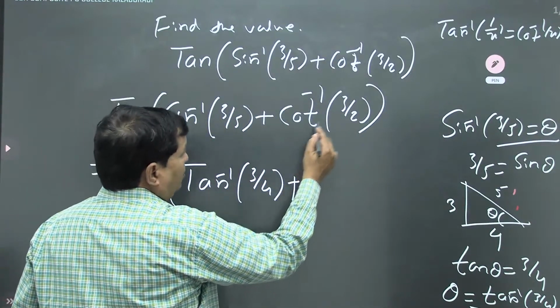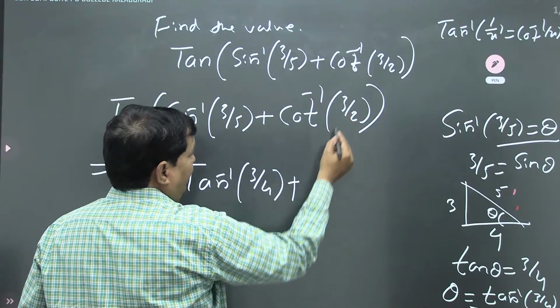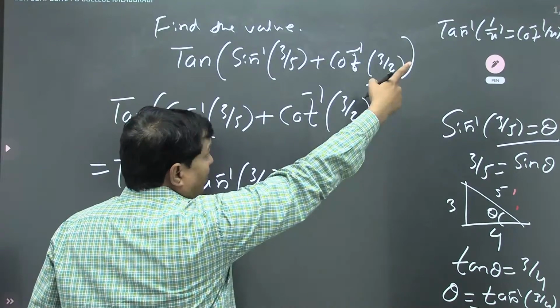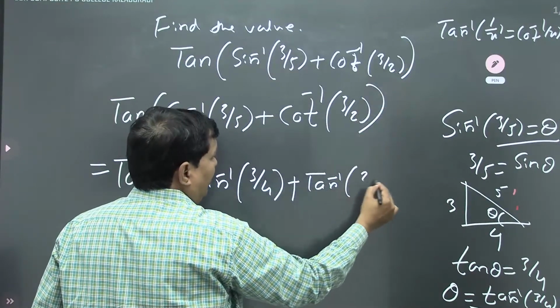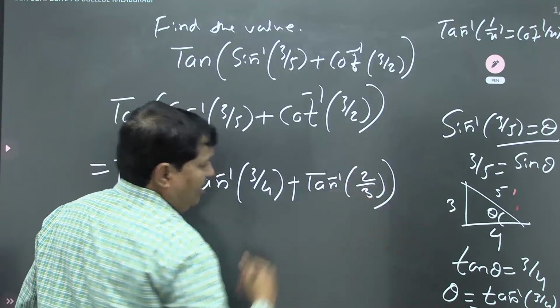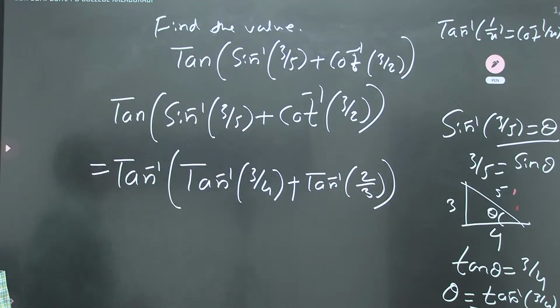Here cot inverse of 3 by 2 is there, so if you write tan inverse, it means 1 by x, which becomes 2 by 3. Or by drawing the triangle also, cot inverse of 3 by 2 equals theta, so cot theta equals 3 by 2, and simplifying you get the same.